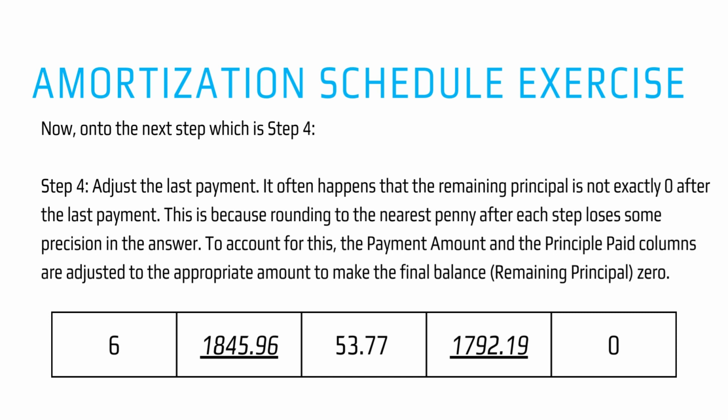To account for this, the payment amount and the principal paid columns are adjusted to the appropriate amount to make the final balance, or the remaining principal, zero. As you can see, the underlined values are then adjusted in order to make the remaining principal zero.